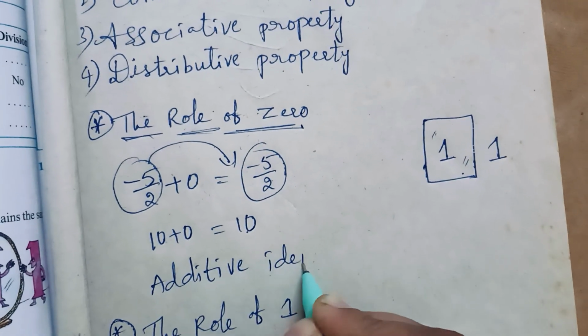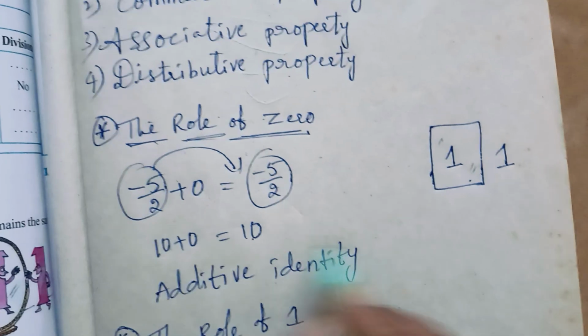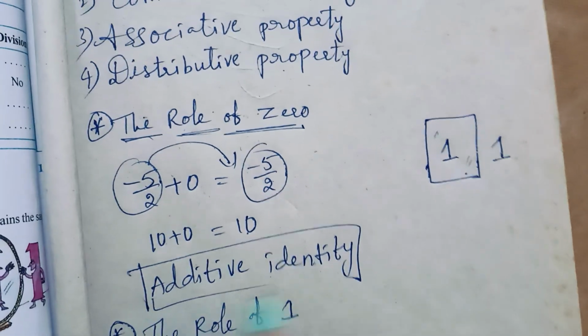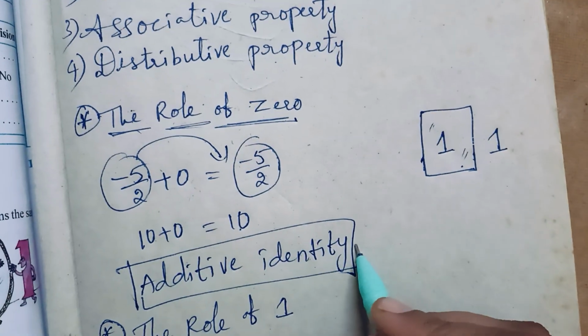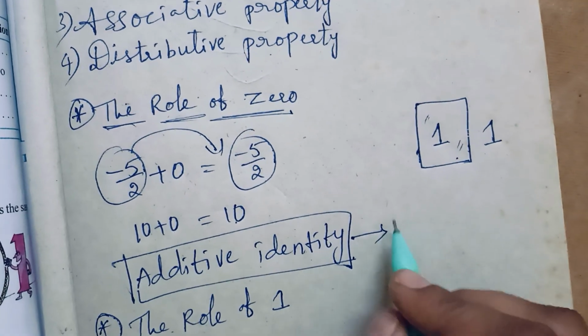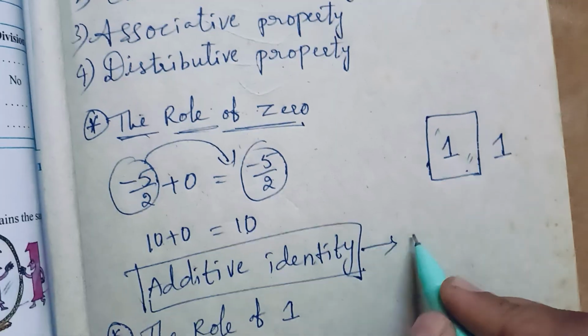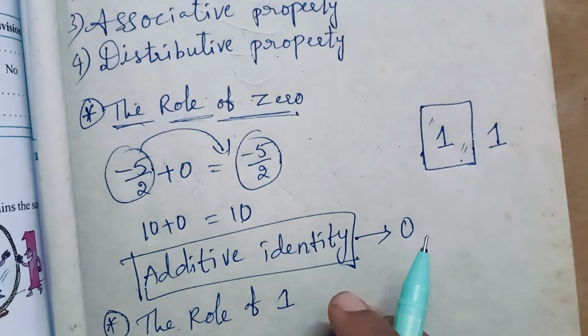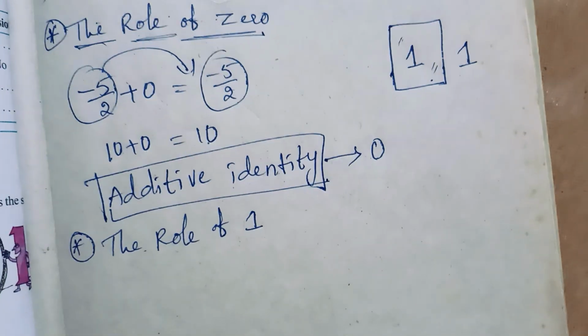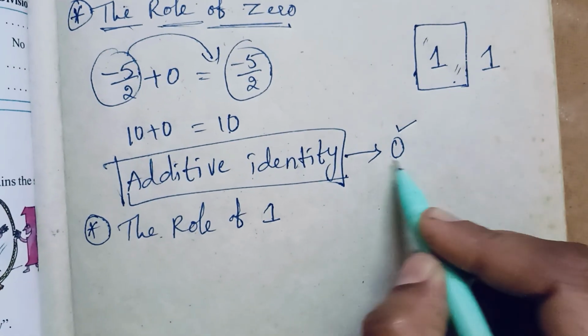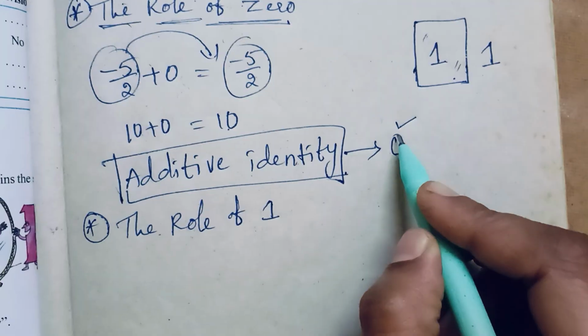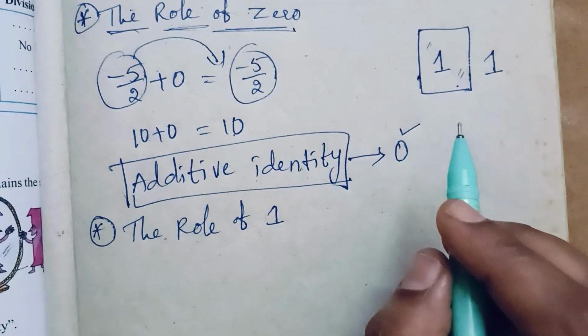We are adding, no? So that's why if we add any number to 0, you will get the same number. So 0 is called an additive identity. What is the additive identity? Additive identity is 0, meaning if we add any number to 0, you will get that same number only.